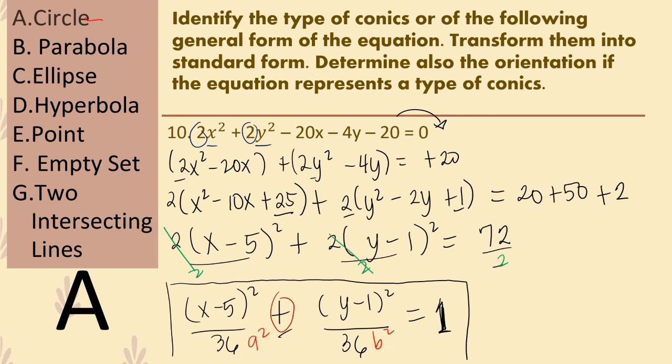These cancel out. So, it becomes x minus 5 squared plus y minus 1 squared is equal to 36. So, there, it is now in the standard form of a circle.